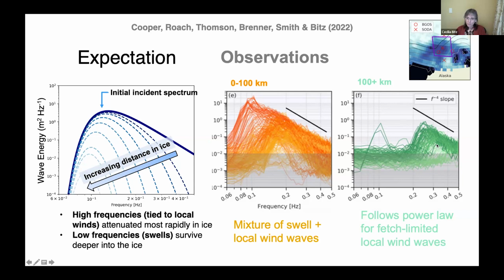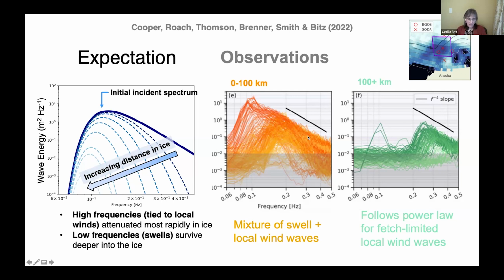And in fact, the longer frequency swell is more attenuated than you might have expected, the opposite. So our expectation was really to see the wind waves be heavily attenuated, and what would be left would be more swell. And we don't see that anywhere.